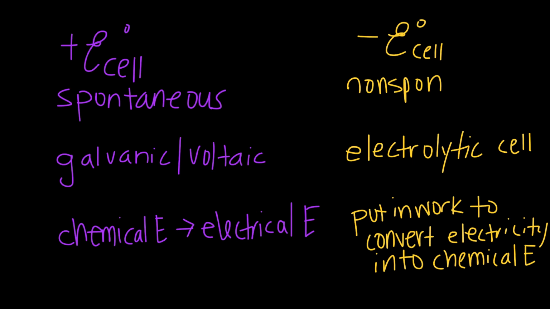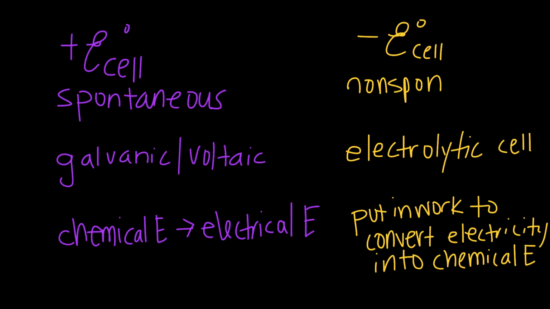They can be used interchangeably, and it takes chemical energy and converts it to useful electrical energy that can be used to do work. A negative standard cell potential means that the reaction is non-spontaneous. It is referred to as an electrolytic cell, and you're doing the opposite here. You have to put work in order to convert electricity into chemical energy.